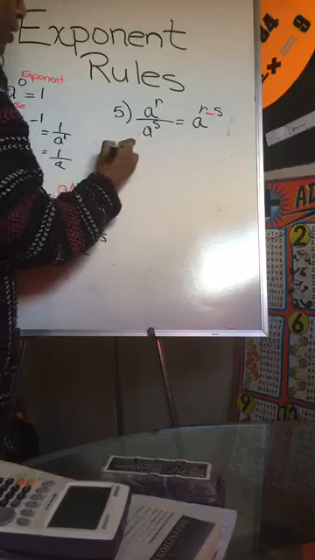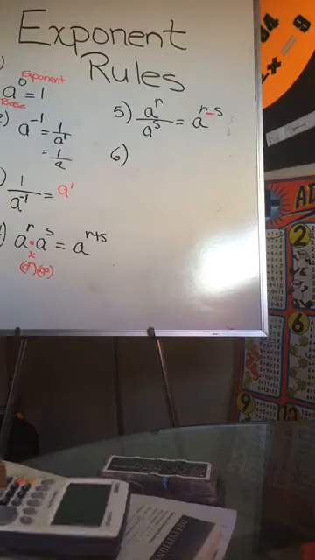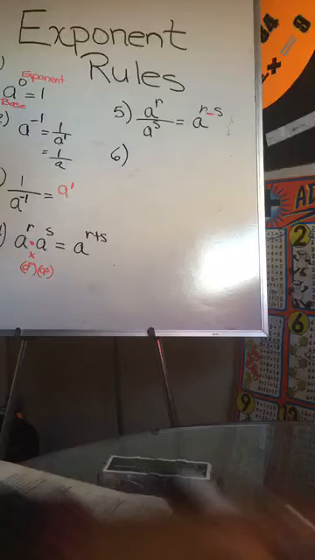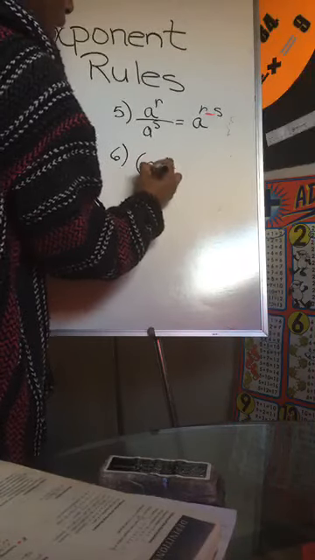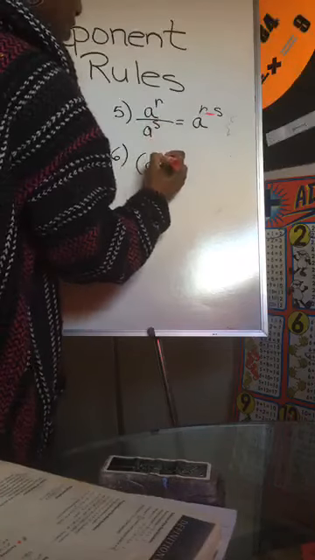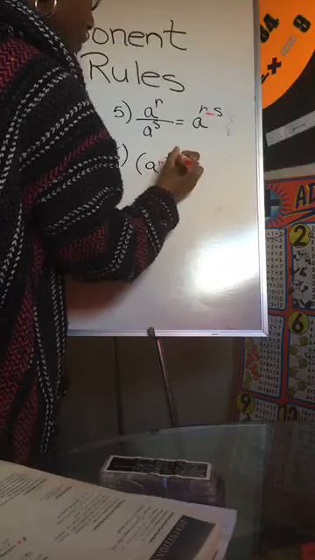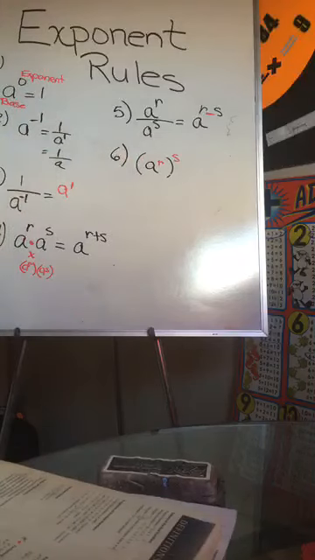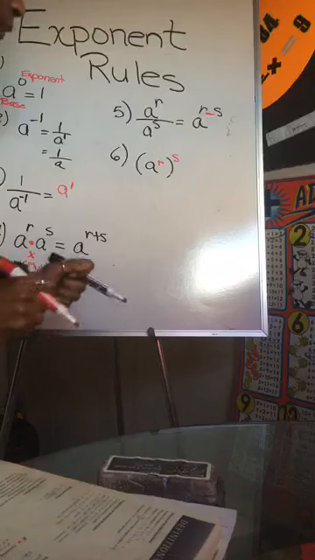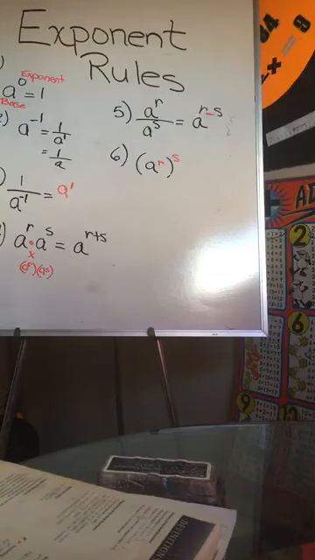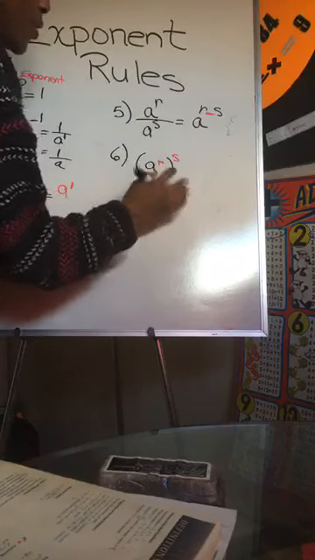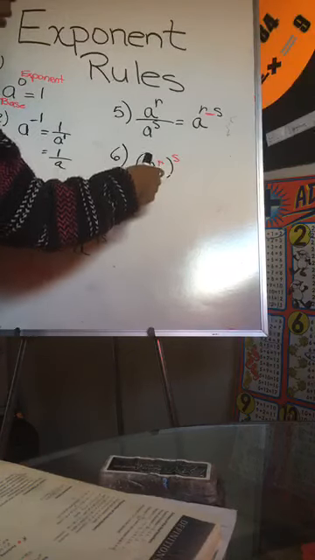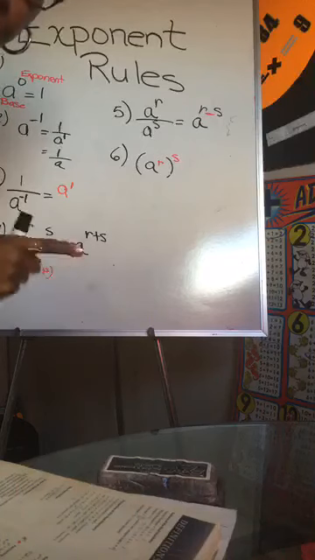All right, so your 6th exponent rule is for when you have an exponent outside. So we have a raised to the r power, and then on the outside it's raised to the s power. This can get a little tricky, but just follow me and write it in your notes. When we have an exponent on the outside of an exponent, we have to multiply.